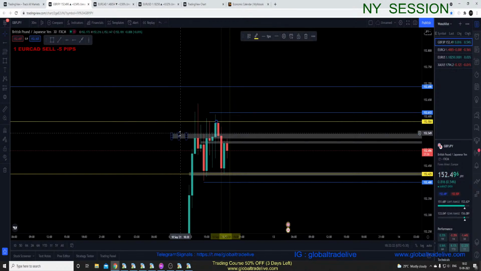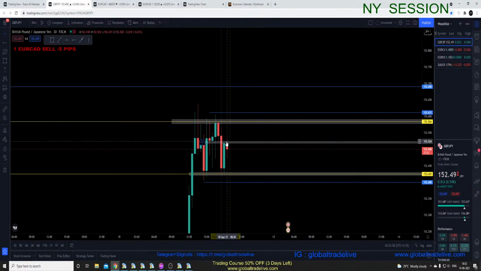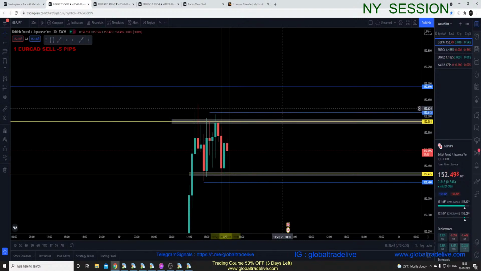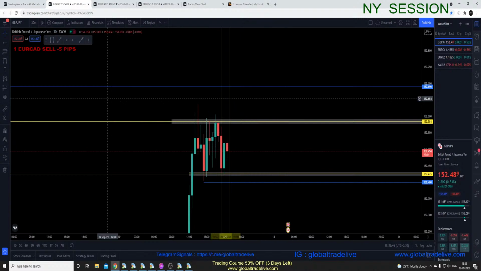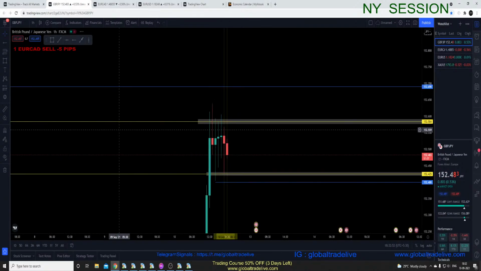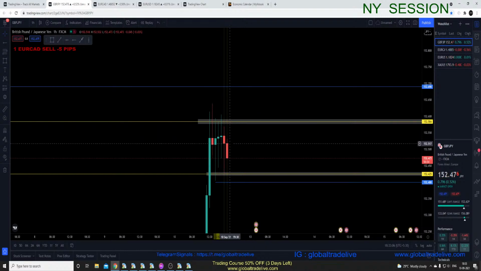So I would like to change this level to this level, and this level to this level over here. Or we can just wait for a 1 hour candle to close above these wicks, and then it should go up. That we can do.